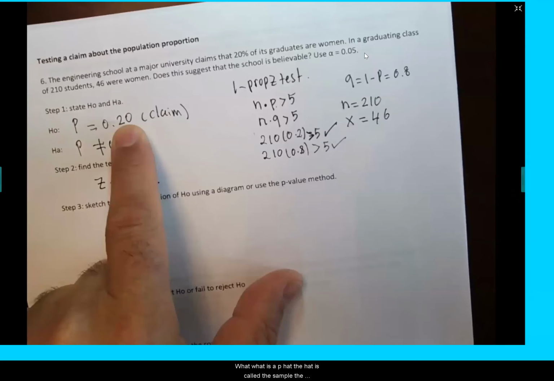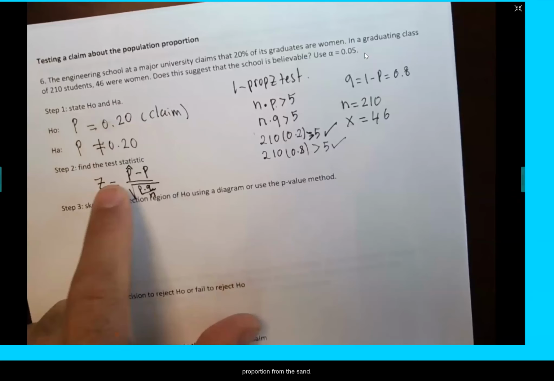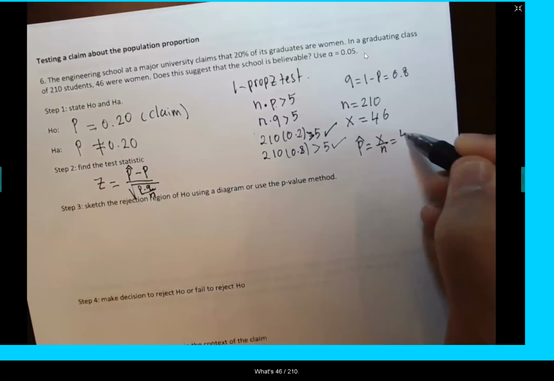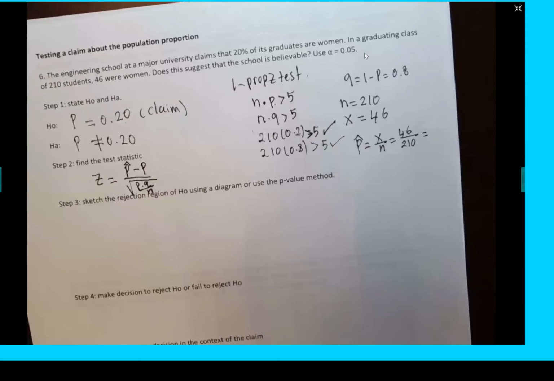But what is p hat? p hat is the proportion from the sample. He gave you x and he gave you n. If you remember when we did confidence intervals, p hat is x over n. So it's 46 divided by 210. Let me divide this and tell you what p hat is. You don't need to do any of this work if you're using a calculator, but just to show you what the formula was. It's 0.22.